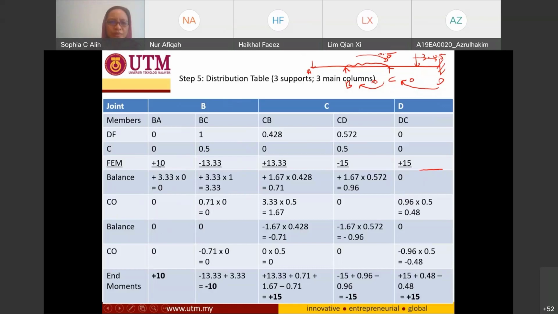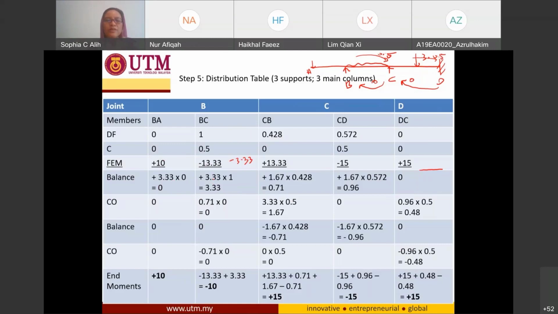So for joint B, I have the fixed end moments positive 10 and negative 13.33. In order to keep the total balanced at 0, I need to introduce one moment. The difference between these two moments is negative 3.33, so to balance this I introduce a positive 3.33 moment.